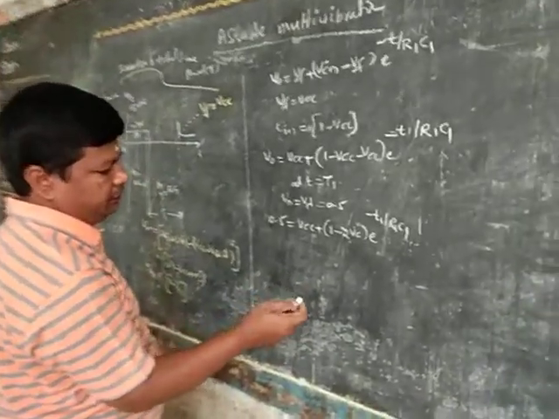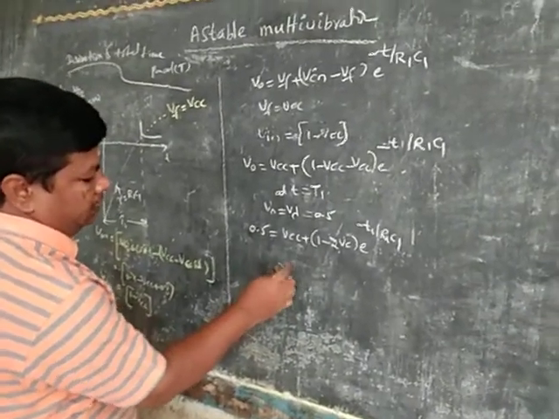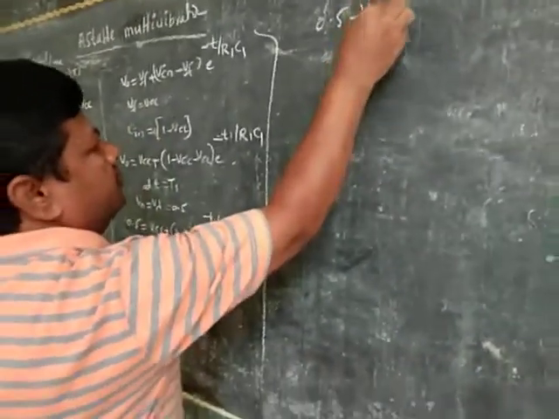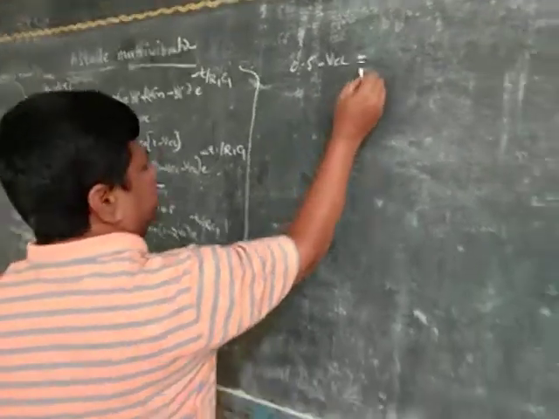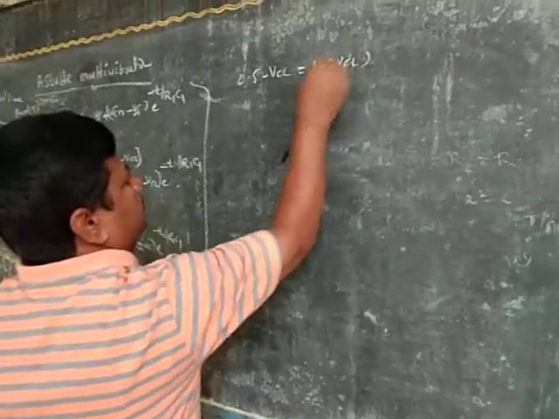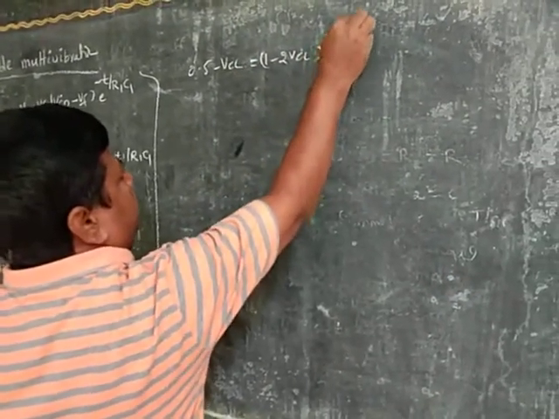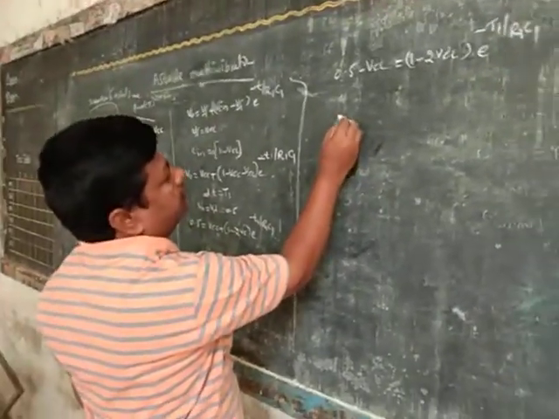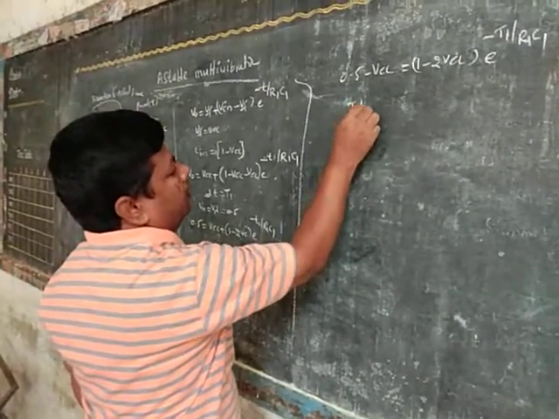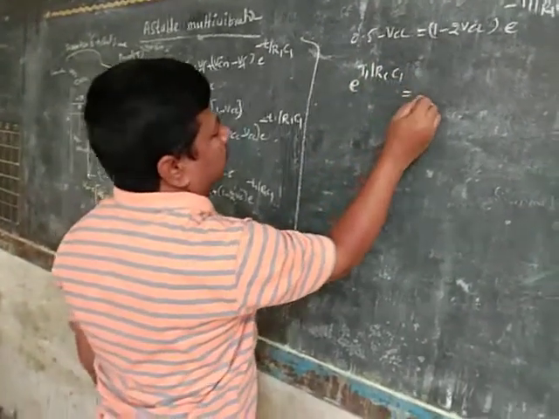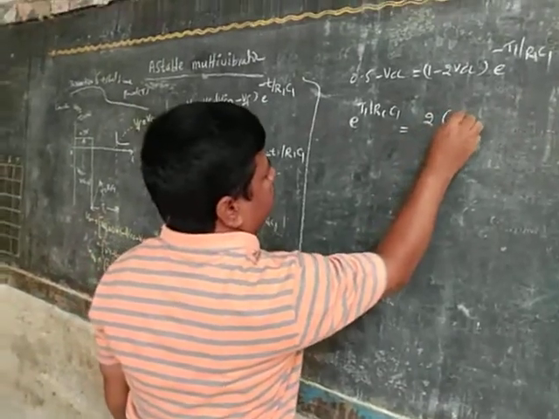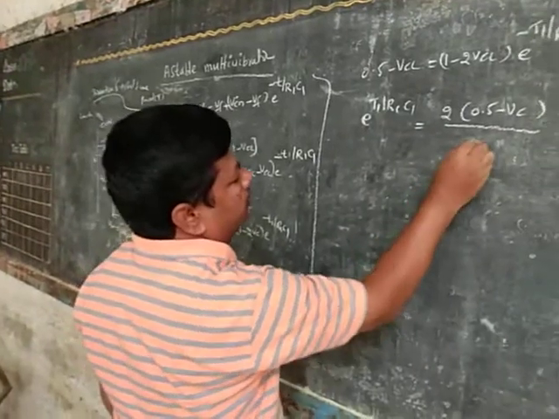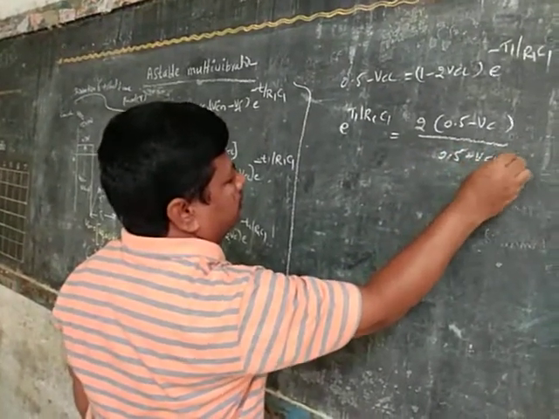Then again simplify here: 0.5 minus VCC is equal to (1 minus 2 VCC) e power minus T1 by R1 C1. Then e power T1 by R1 C1 is equal to, take 2 common, (0.5 minus VCC) by (0.5 minus VCC).